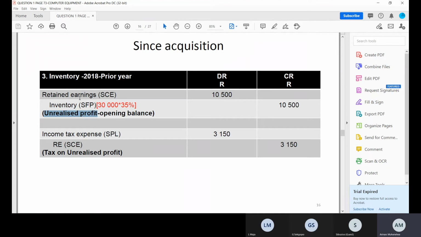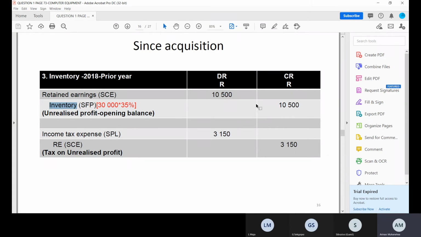Let me put it this way. In normal circumstances, if I want to eliminate inventory that we have on hand, inventory is an asset, right? So if I want to eliminate it, I'll credit it. Yes, here I'm crediting it. You can see that inventory is going to decrease. Don't worry about the amount for now. I just want us to explain the principle of what we are doing.